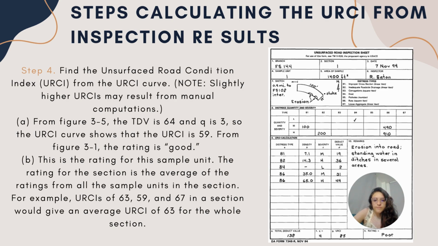Step number 4. Find the unpaved road condition index, the URCI, from the URCI curve. Now, higher URCIs may result from manual computations. From figure 3, the TDV is 64 and Q is 3.